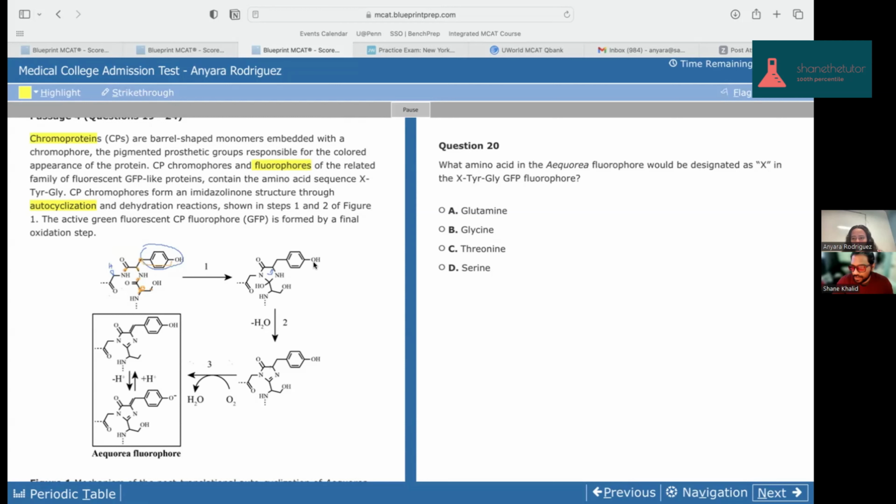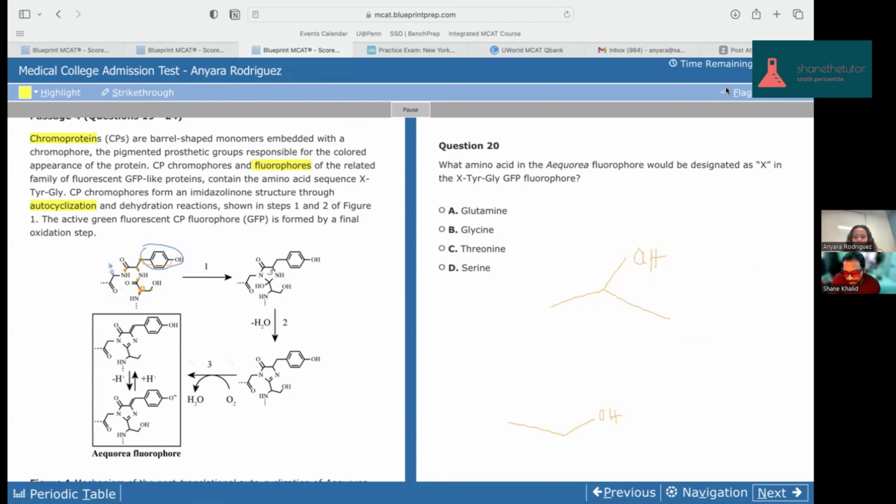So serine. Oh, okay. Serine is just going to be that extra methyl and then the OH, and then threonine is like an extra methyl, but the OH is bound to that first one.